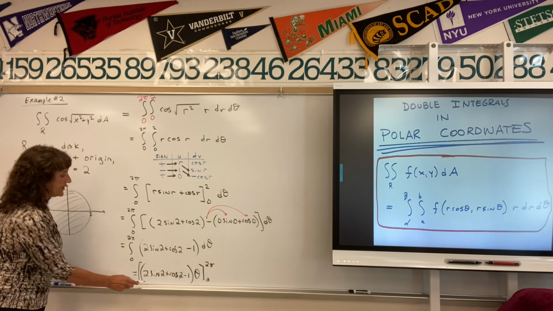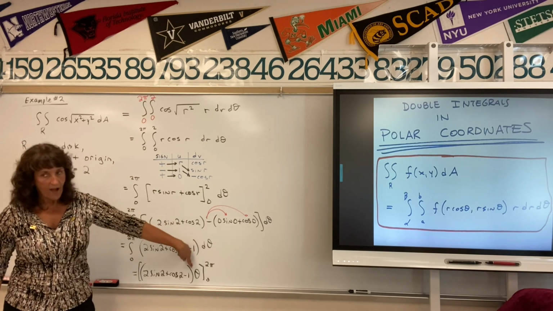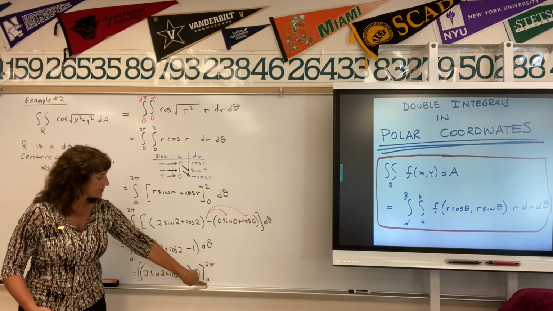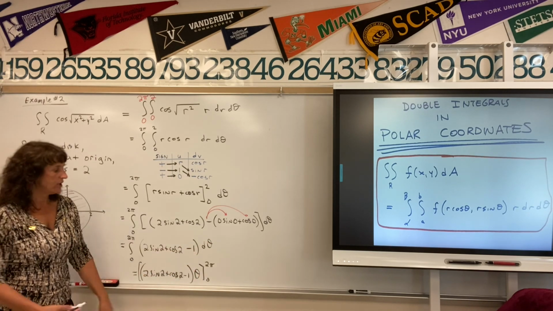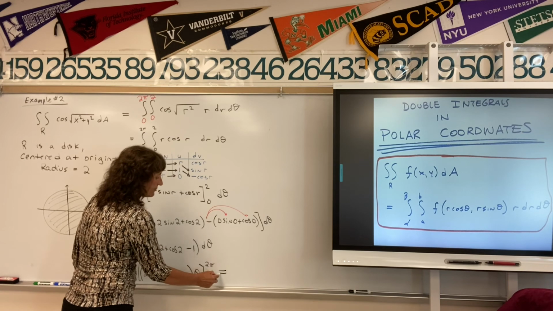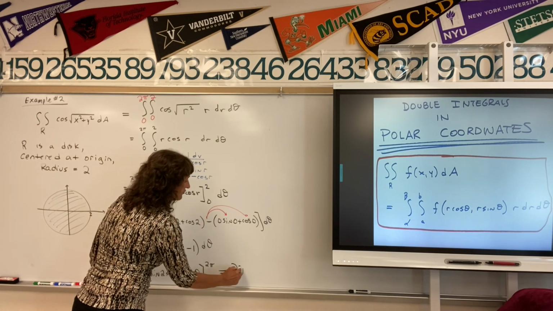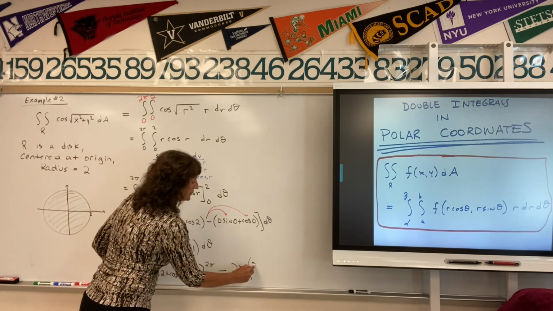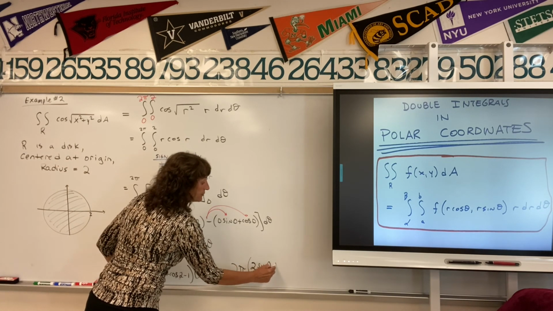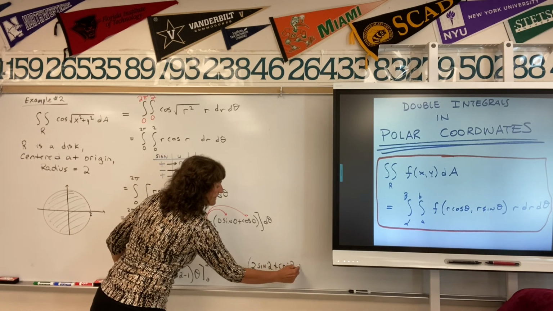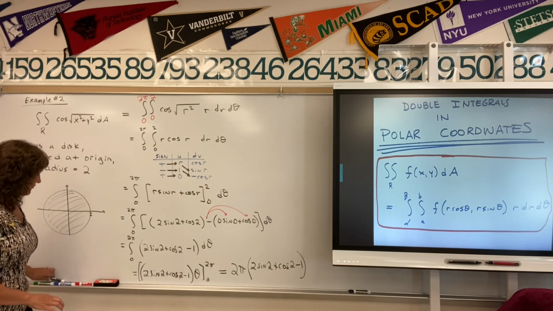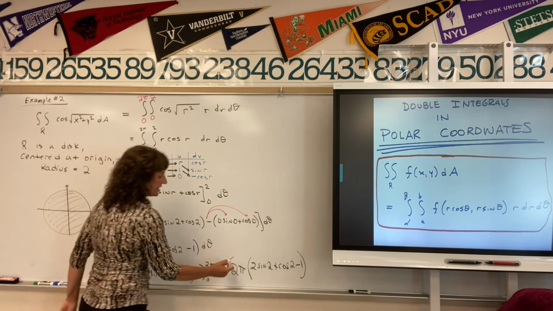When you plug in the upper bound 2 pi, you're going to have 2 pi times the quantity, minus, when you plug in the lower bound 0, the lower bound goes away. So your final answer is going to be 2 pi times the quantity of 2 sine 2 plus the cosine of 2 minus 1, and that would be your final answer here.